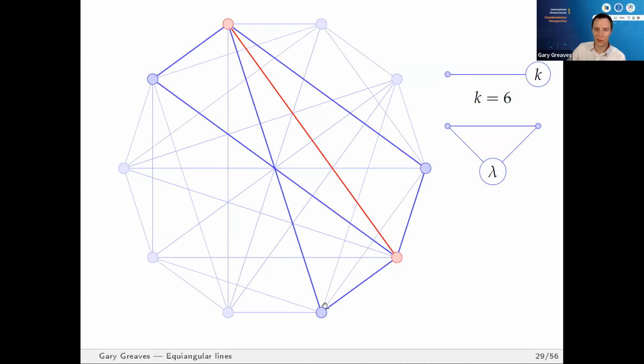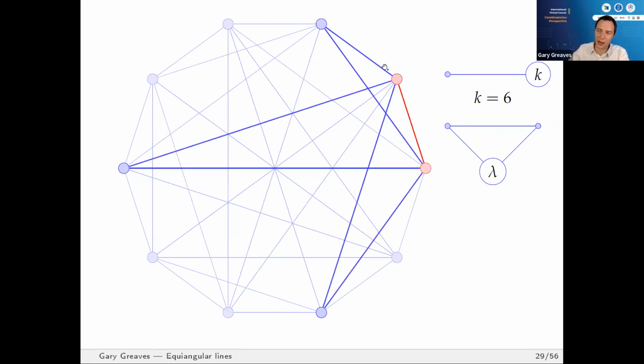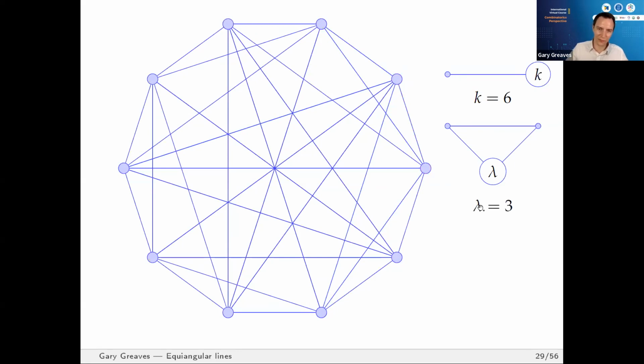So they have 3 common neighbors. I can take another pair of adjacent vertices, these two red ones, and they again have 3 common neighbors. I can keep doing this, and these two again have 3 common neighbors. In fact, any pair of adjacent vertices has precisely 3 common neighbors.